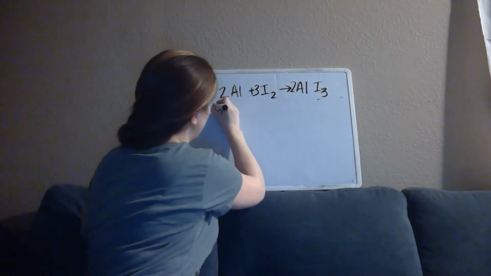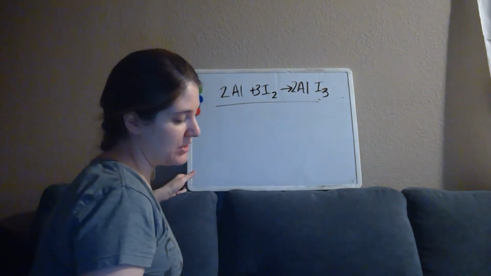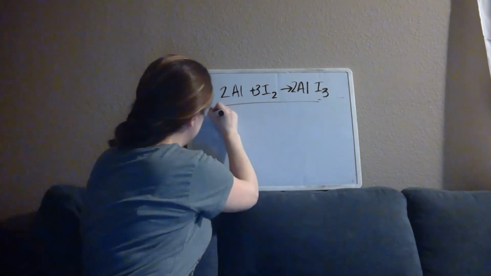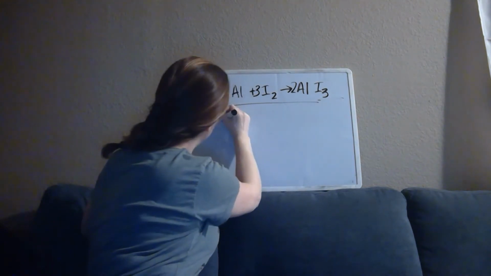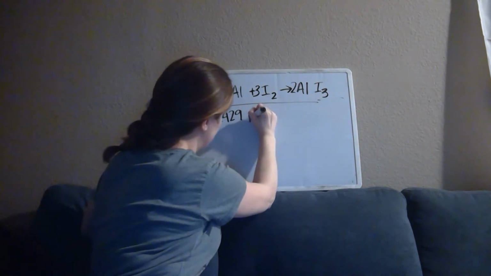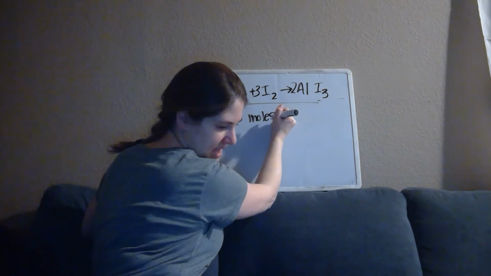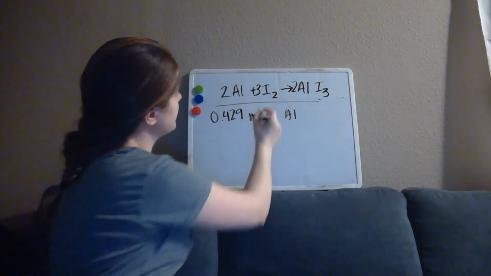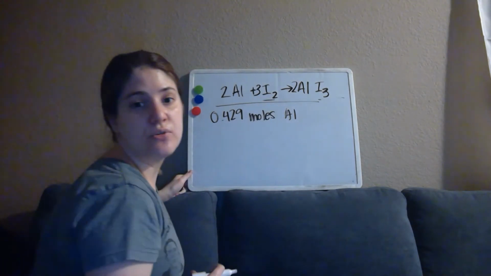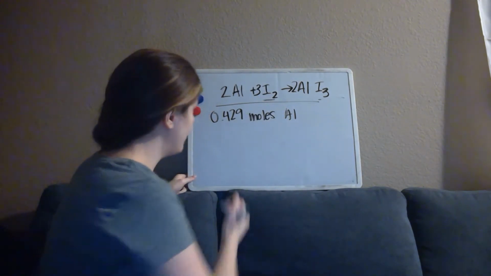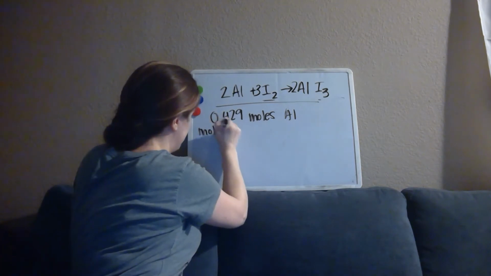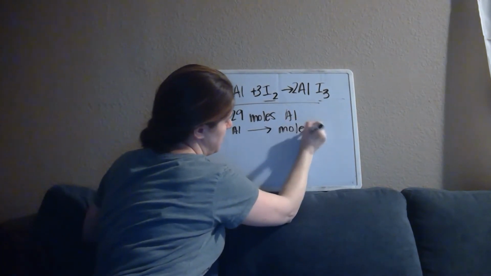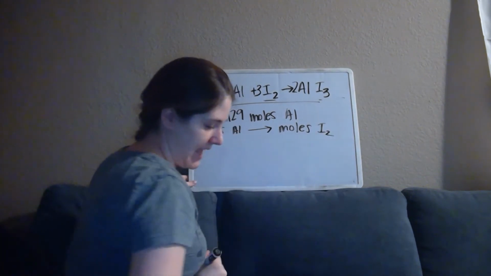Looking at this equation, if I were to tell you that you want to start with 0.429 moles of aluminum, how many moles of iodine would you need to run this reaction? So we're wanting to start with moles of aluminum, and we want to go to moles of iodine.